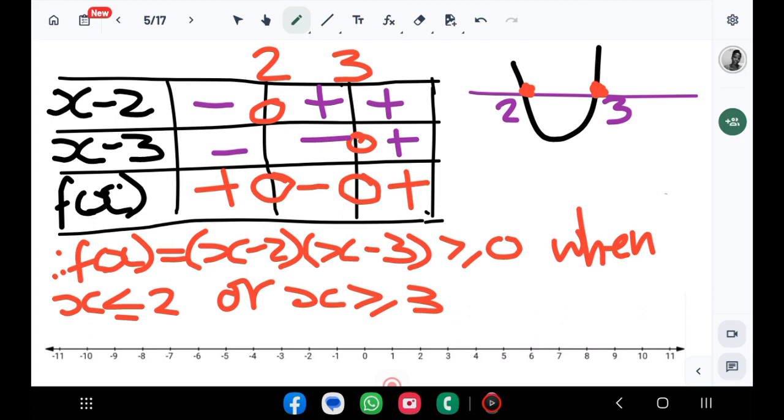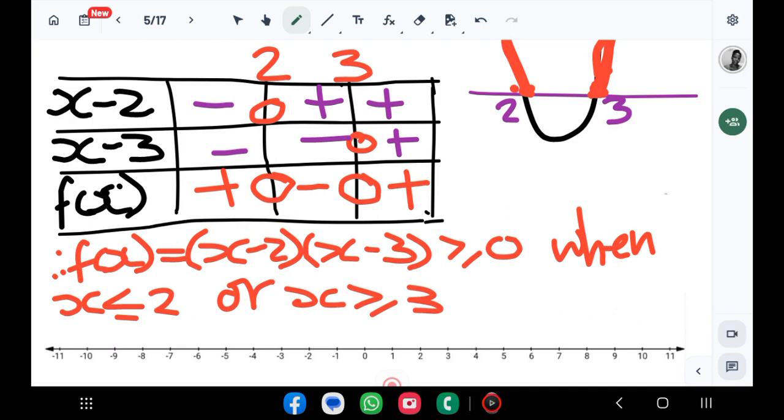But where is it positive? Where is it on the positive side of y? In other words, above the x-axis. On this side, it's there, and on the other side, it's this part. And that is how you solve that graphically.